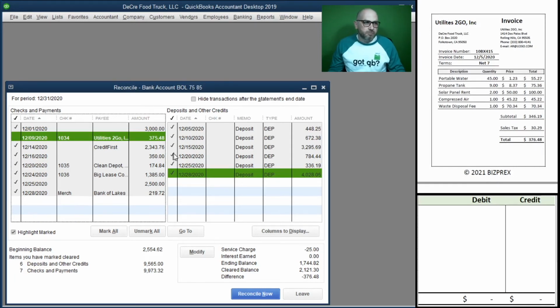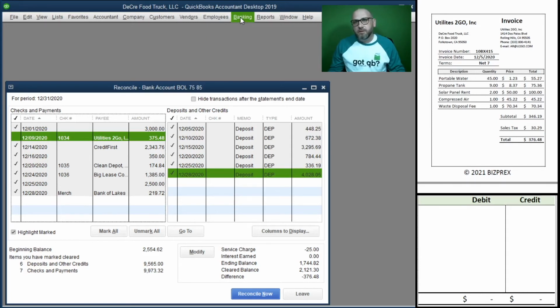Made a typo, right? When I was keying it in, I made a typo of $1, right? We gotta fix it. So let's go ahead and fix it, right? We make sure that this amount, this check, is going to be correct. So let's go ahead and make sure that it is corrected.